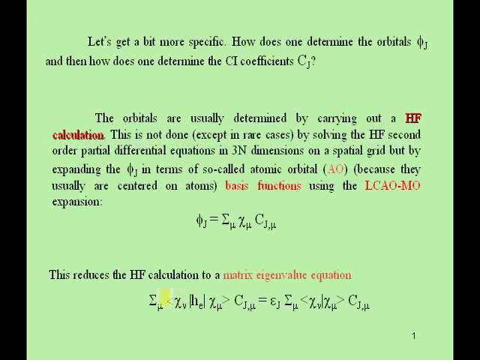So I end up with an expression that has the nu-mu element of the so-called Fock operator, or Hartree-Fock Hamiltonian, times the C coefficients, equals the orbital energy epsilon j times this integral of chi nu chi mu, which we call the overlap integral between basis functions nu and mu. So this is the matrix eigenvalue problem. The unknowns are the orbital energies epsilon j and the C coefficients. The basis functions, chi nu and chi mu, are supposed to be known ahead of time. They're the functions in terms of which you've chosen to express these molecular orbitals.